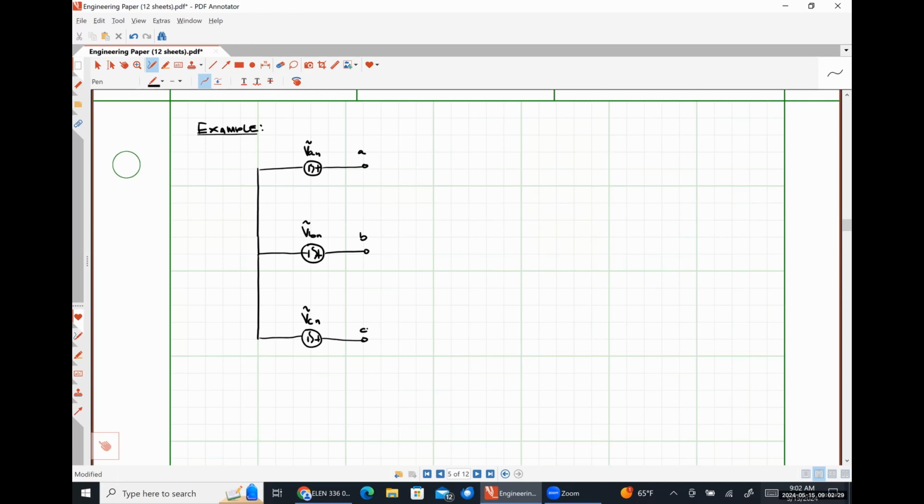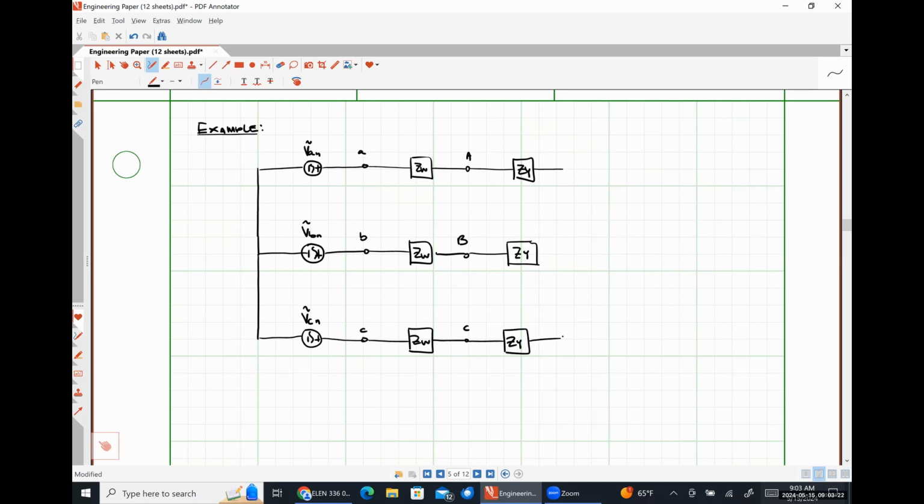A, B, C. Here's a transmission line impedance. So let's call this lowercase n, this uppercase N.